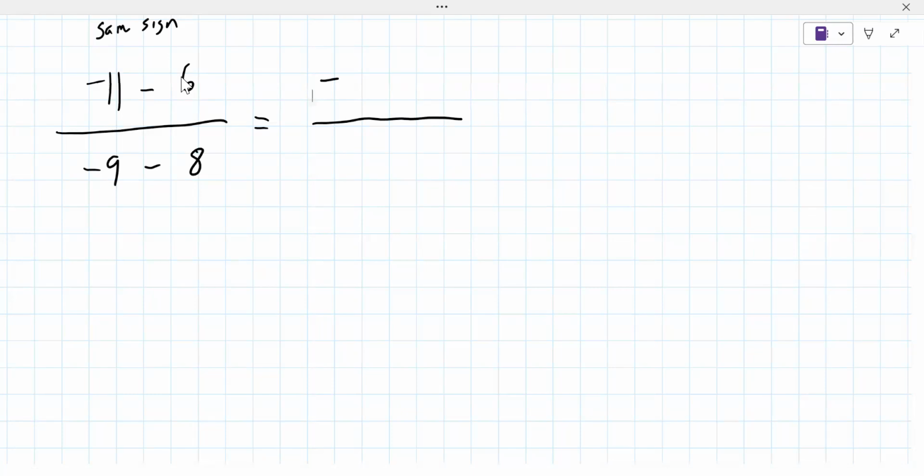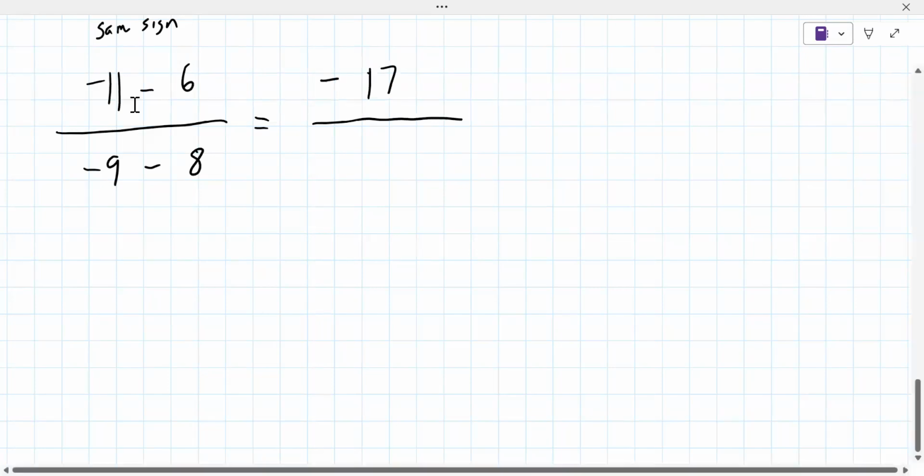So that'd be -17. Okay. How about on the bottom now? Are they the same sign or opposite sign? They are opposite. Okay. Tell me which one's positive, which one's negative.